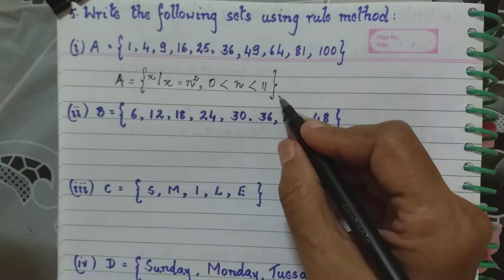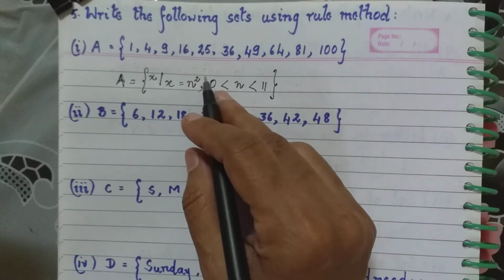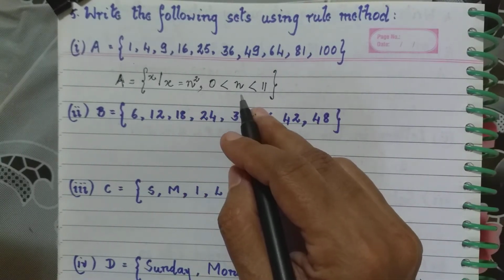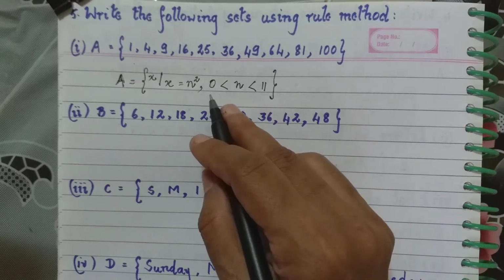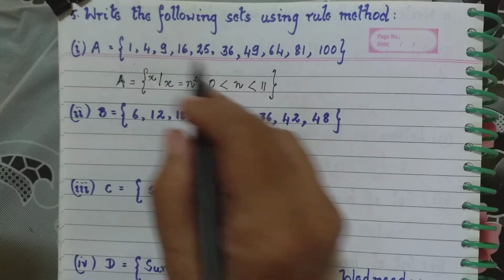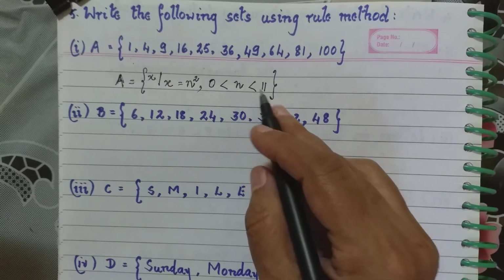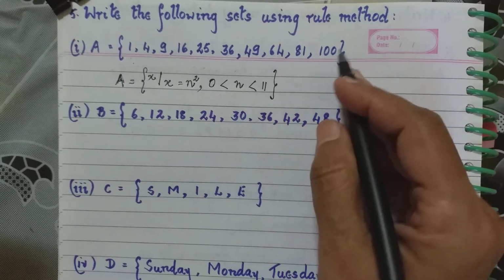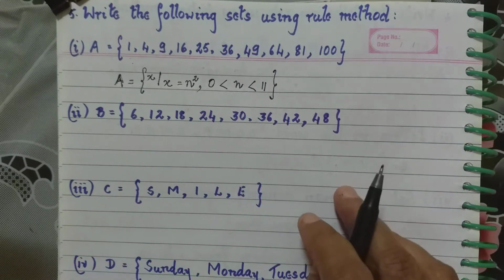So it is clearly defined here, x is equal to n square. But each n, if you see, it is lying between 0 and 11. After 0 comes 1. So 1 square is 1. And before 11 is 10. So 10 square is 100. So all these numbers are covered.